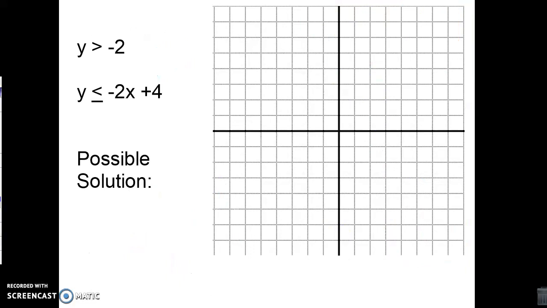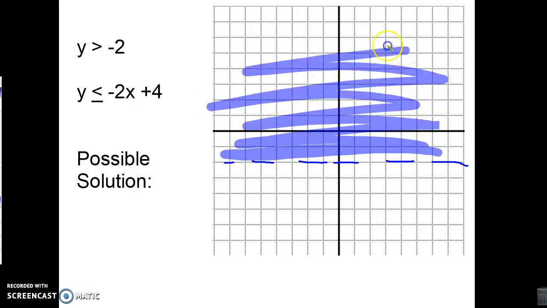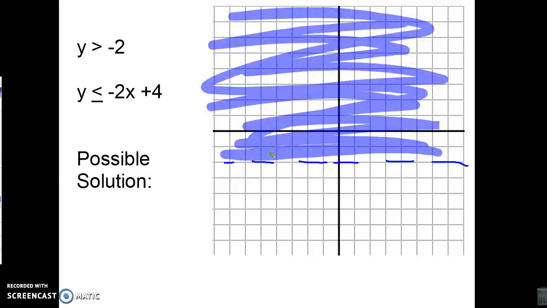Alright, so we have y is greater than -2. This is going to be a dotted line going through the y-axis at -2. Intercepts that would be bigger would be above that line, so I'm going to start off by shading everything above the line. My second equation, we will switch over to red. It has a y-intercept of 4, so the first point that we're going to make is a point at 4.